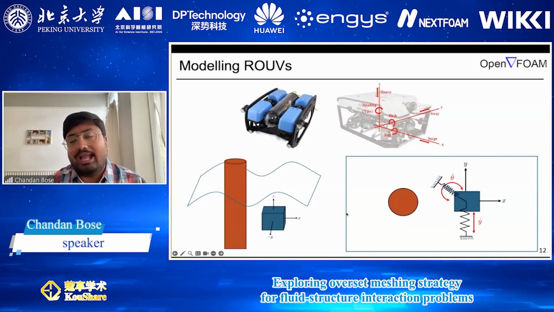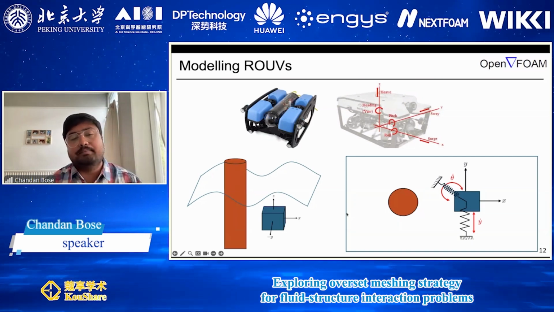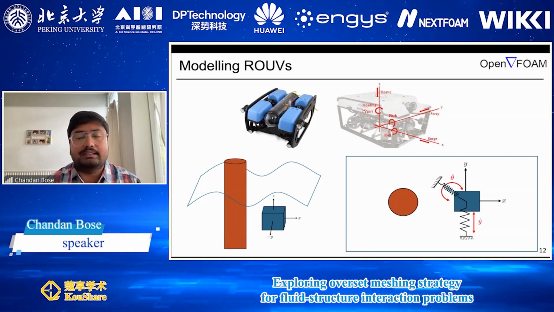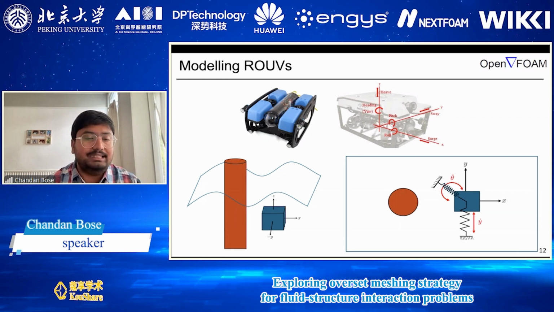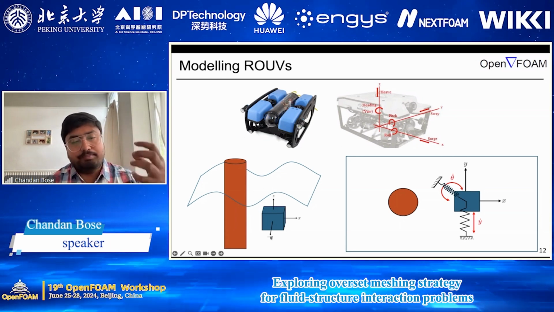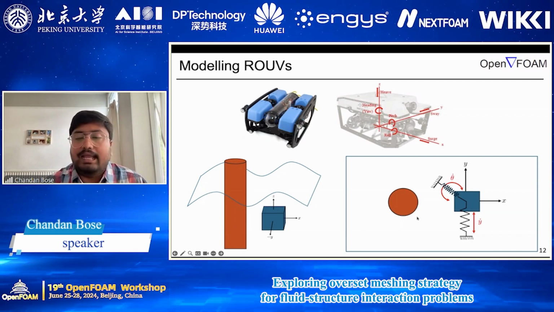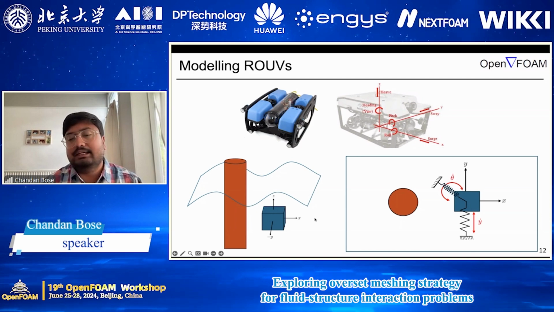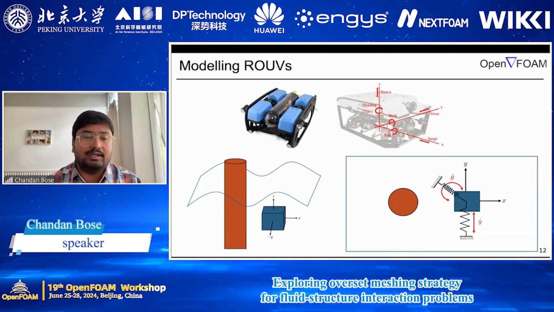To simplify the problem, we took a single phase problem as a top view. If these ROVs move in the wake of a vertical cylinder, they can move drastically in rotational or translational motion.